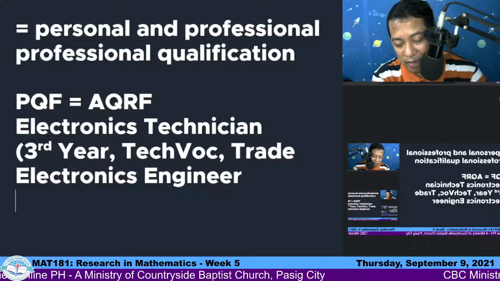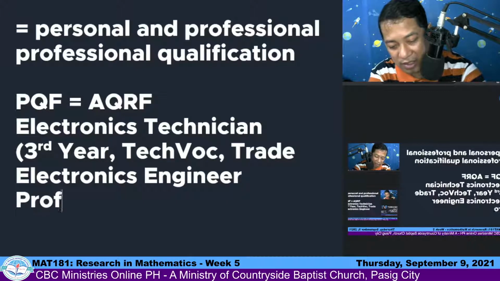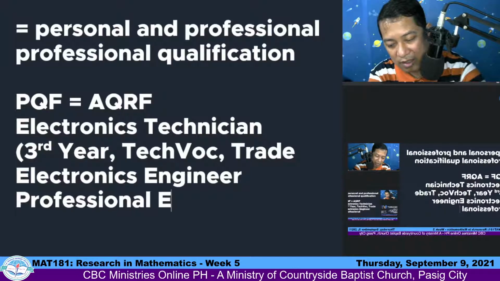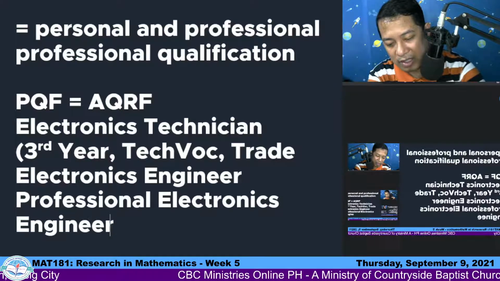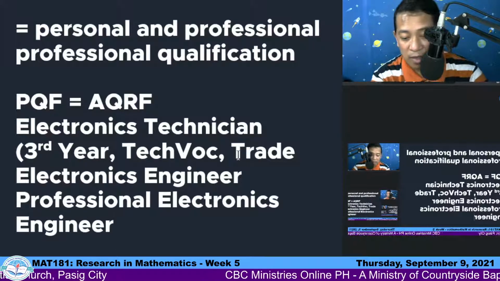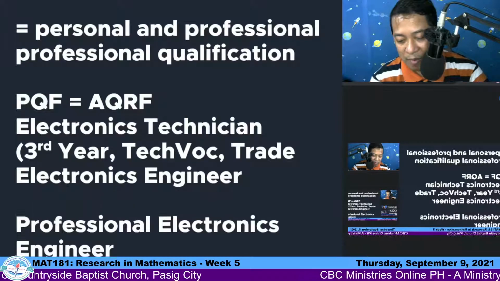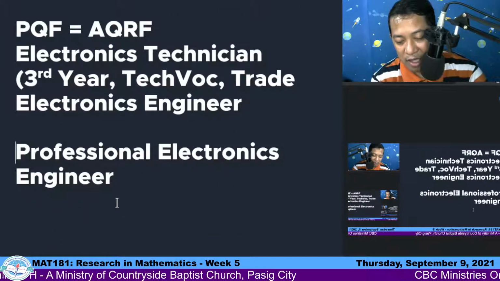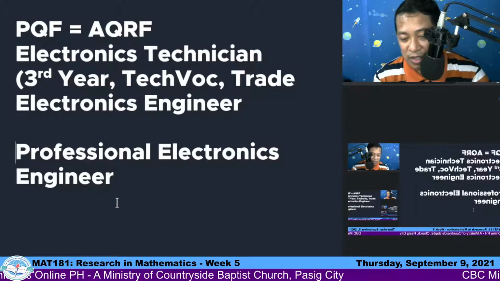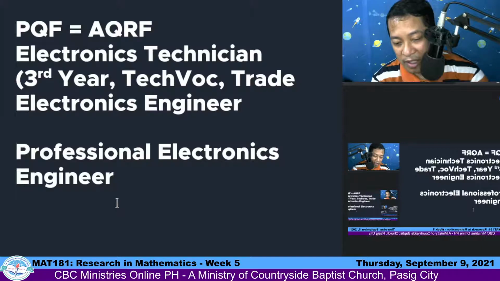And then there is an advanced level, another level that I also, by God's grace, had achieved, professional electronics engineer. So I'm currently holding this level also. So this is an advanced level. After you have practiced your profession for 7 years, then you may take another step in terms of assessing your qualification as far as your practice is concerned.